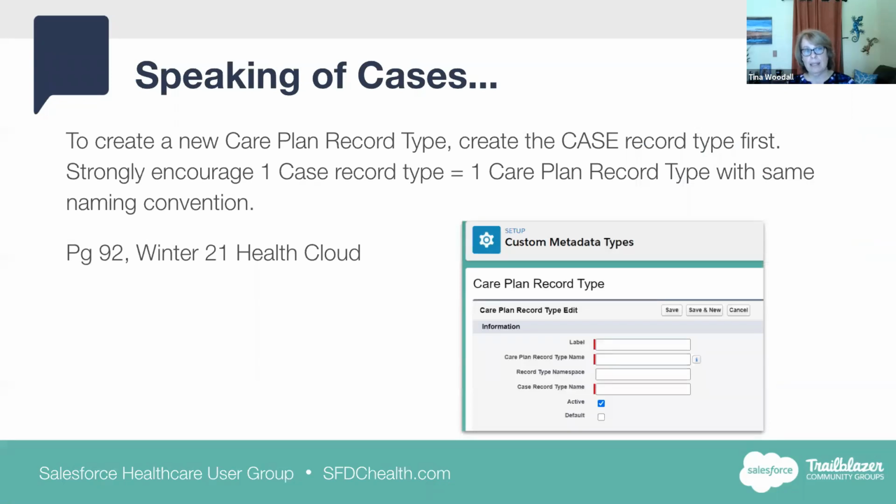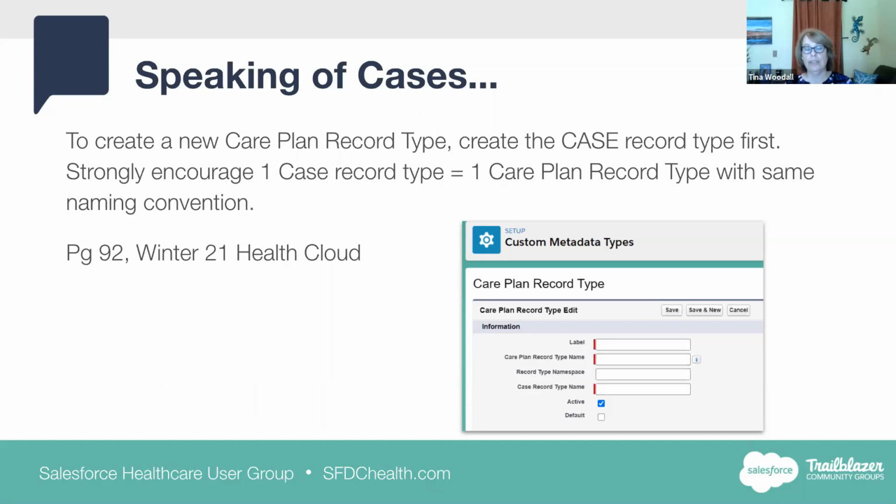And then speaking of cases, I can't tell you how many hours were wasted on this to figure this out. To create a new care plan record type. The care plan, if you're not familiar with it, is basically a template of how, if someone's newly diagnosed with diabetes, you have, say, evidence-based steps you do to help them improve their health. Okay, you create the case record type first.